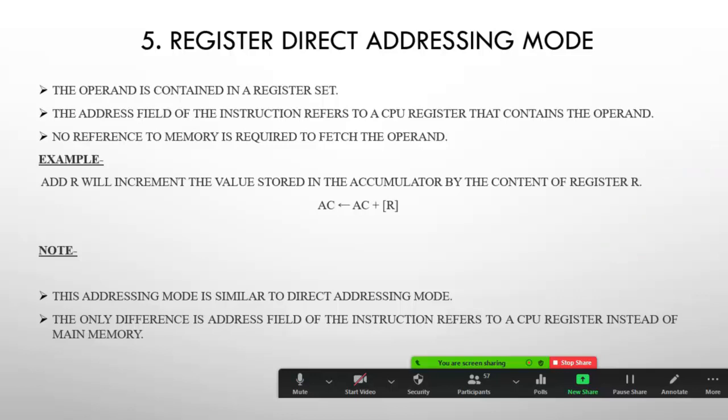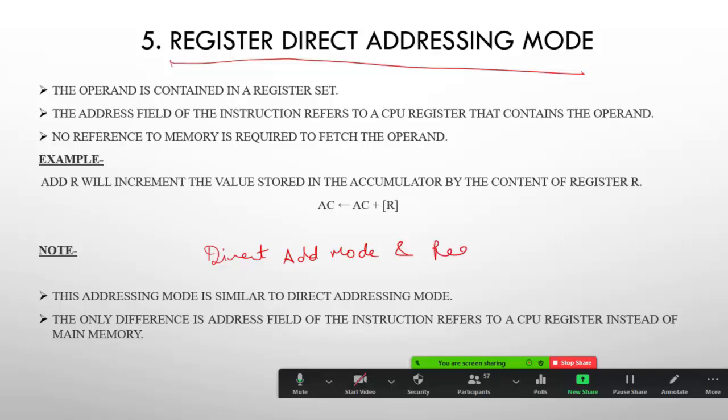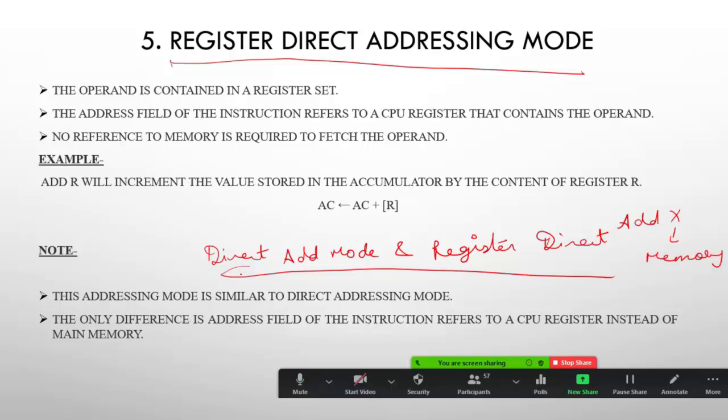Okay. So the next addressing mode is register direct addressing mode. Now what is the difference between simple direct addressing mode and register direct addressing mode? In the direct addressing mode, the address specified in the instruction specifies the memory location.